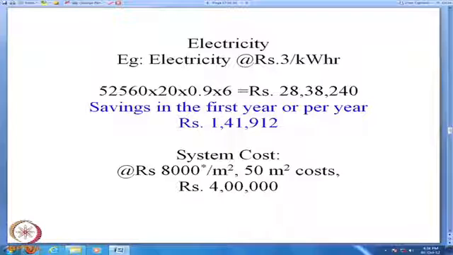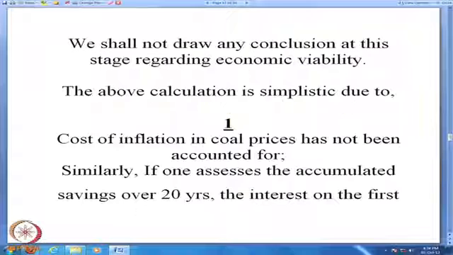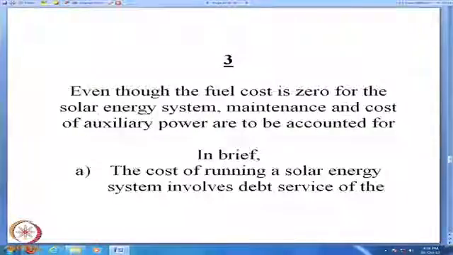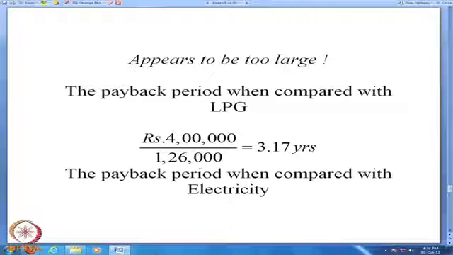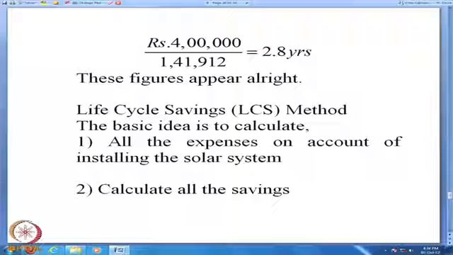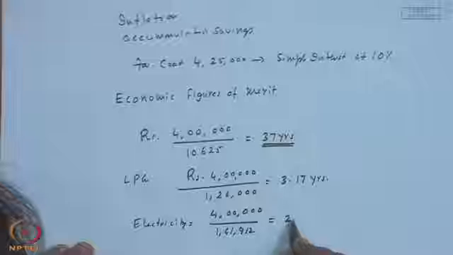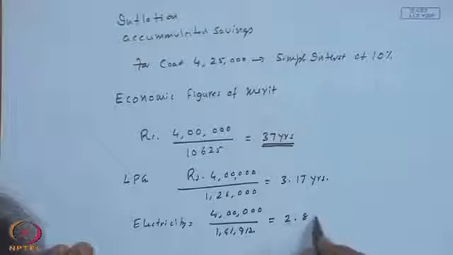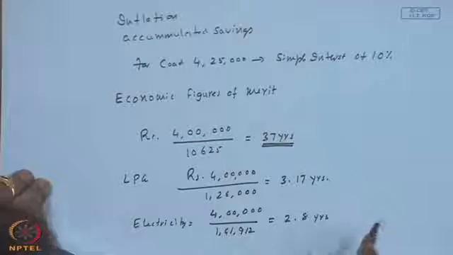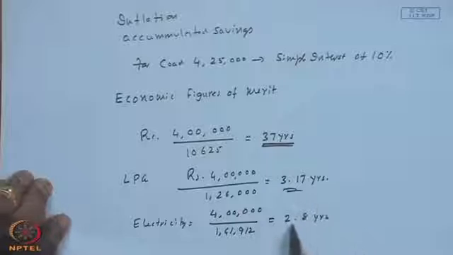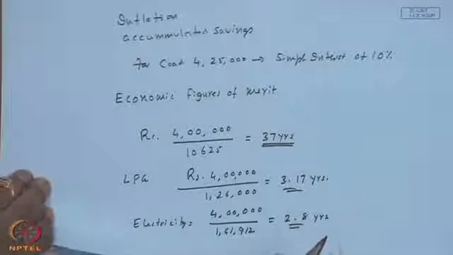Okay. I think the issue is whether it is at 3 rupees per kilowatt hour, or finally I thought it is higher and took it as 6. It does not matter. So, this comes to 2.8 years, and I think this is all right, because compared to LPG this should be lower because the cost is higher, I suppose.